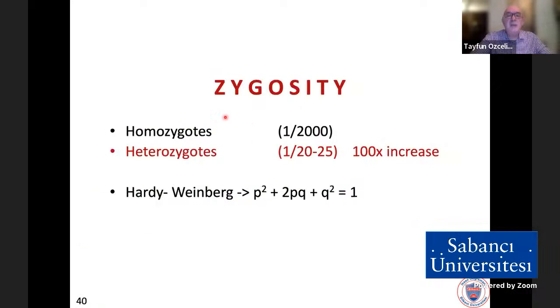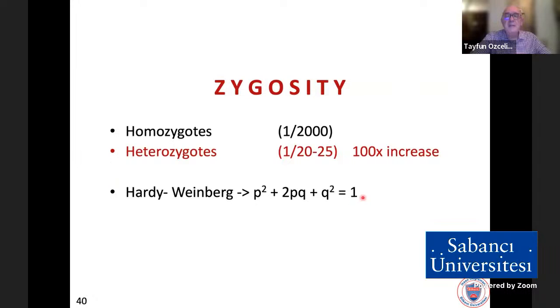When you look at the zygosity ratios, when a homozygote is 1 in 2,000, this means that heterozygotes would be 1 in 20 to 25. So there is a 100-fold increase. This is the Hardy-Weinberg equilibrium, the basics of any genetic analysis.